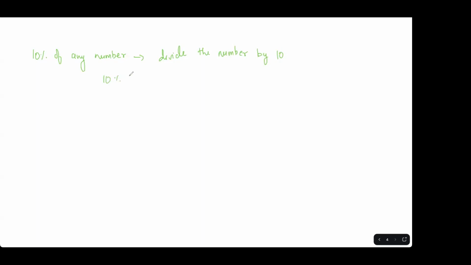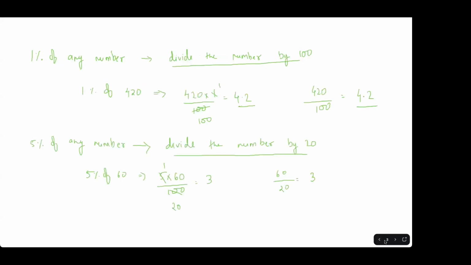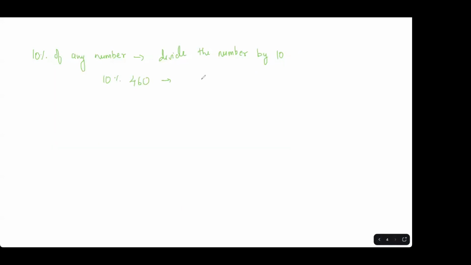So 10% of 460. Here also we have 46. So what will we do? 10 into 460 upon 100. So 2 zeros will get cancelled out. You get 46. So if we directly divide 460 by 10, we get 46.